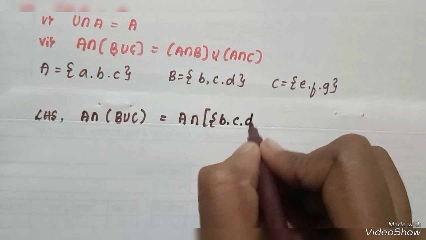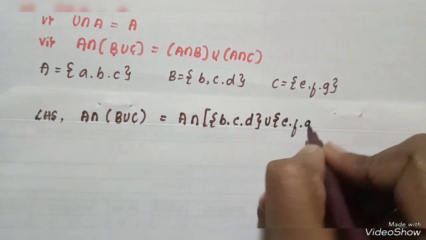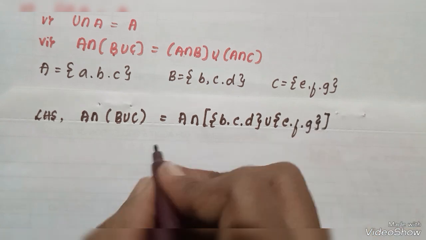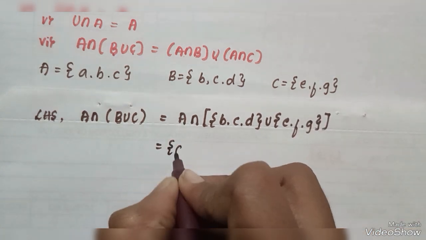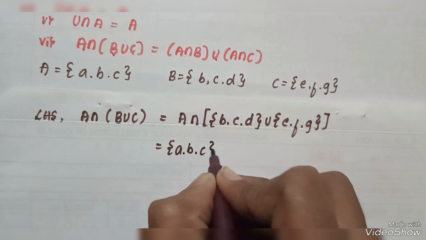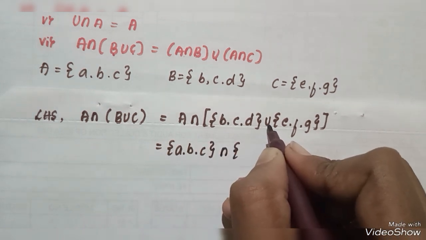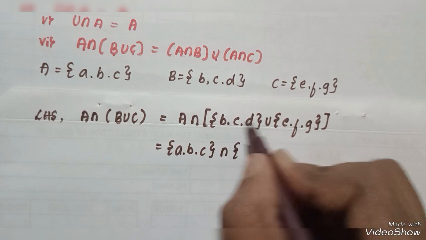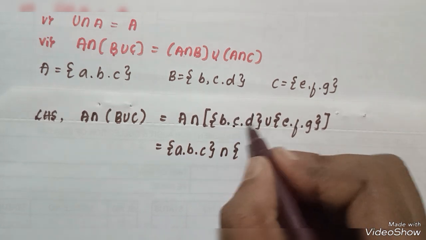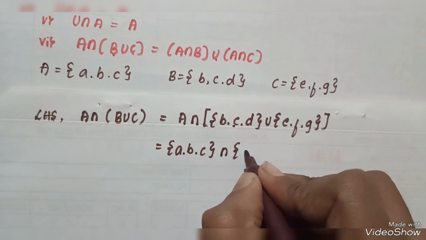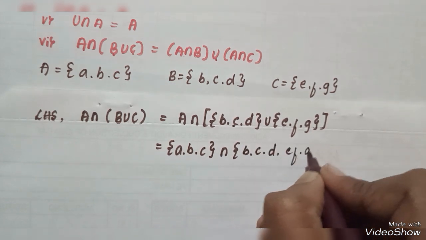B, C, D, union E, F, G. Here the elements of A are A, B, C, intersection. Here there is a union, so union means write all the elements of both sets, that is B, C, D, E, F, G.